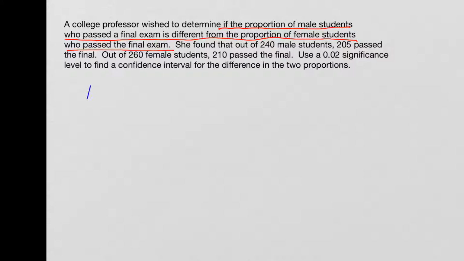This means that the null hypothesis is that the proportion of male students is equal to the proportion of female students. And the alternative hypothesis is that the proportion of male students is not equal to the proportion of female students. So we've got a two-tail test here.